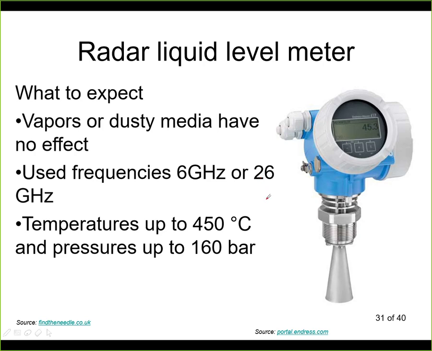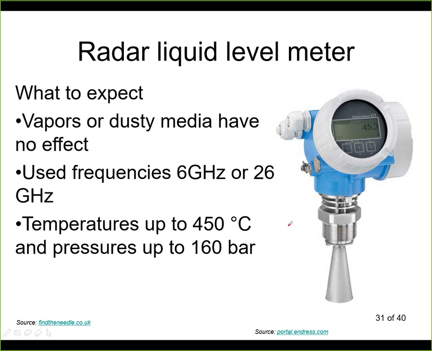It can work with high temperatures because the only part in contact with the vapors and liquids is the antenna itself. And it can work with relatively high pressures. So again, you need to seal this antenna, and that's basically it.